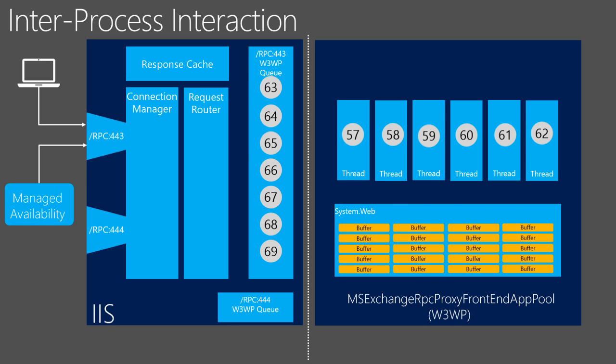What am I processing? And what happens here is each one of these threads is going to try to access a piece of memory called a system.web.buffer. And what's in here is essentially all that. If you ever opened up an HTTP request and you see all of these different headers and protocols and pieces of information, all that stuff is stored in one of these buffers.